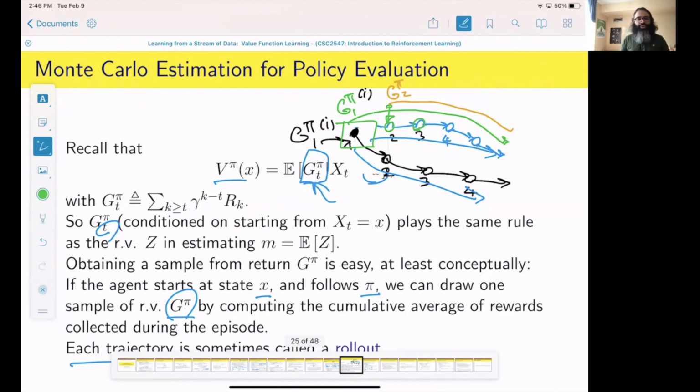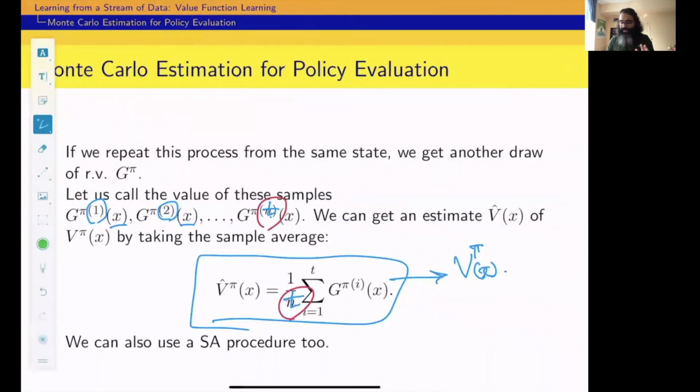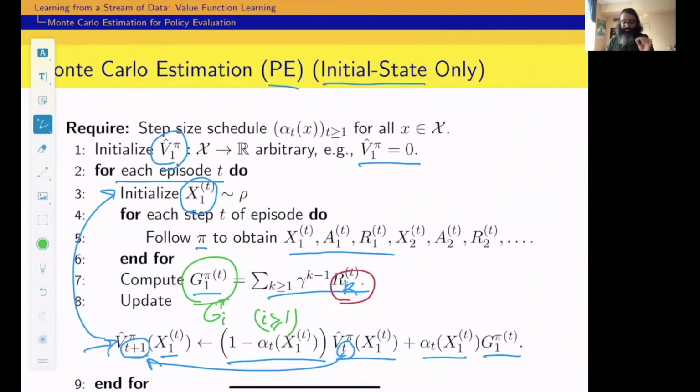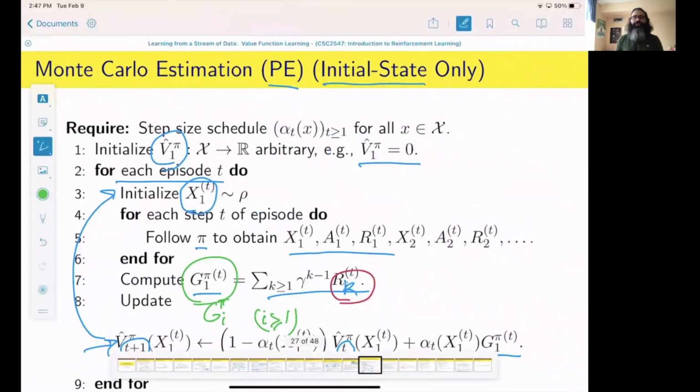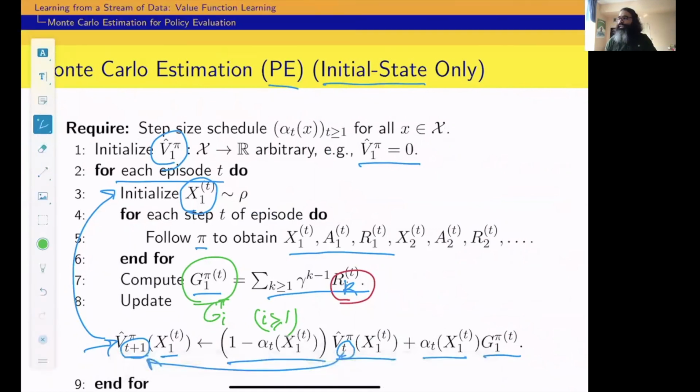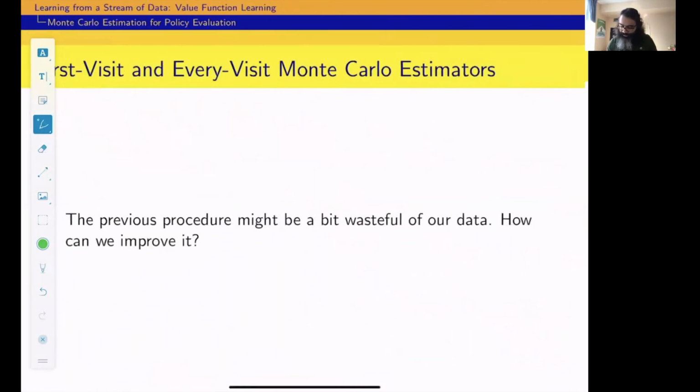So we are throwing all those data away, and in the procedure I described, we are only updating the first time step. But we could do it for other time steps too along the trajectory. That is why this procedure is called initial state only. At the top, you see the name is initial state only. But we could also keep updating for the rest of the trajectory.